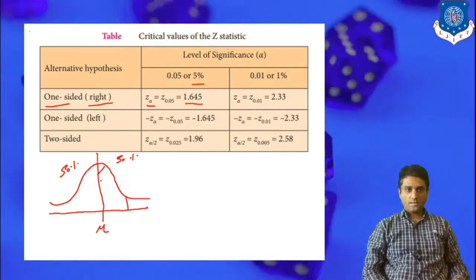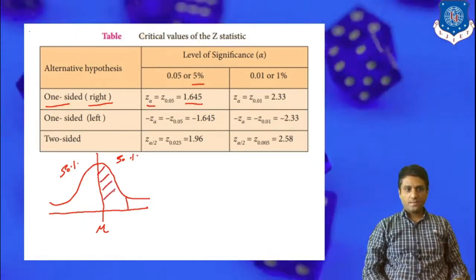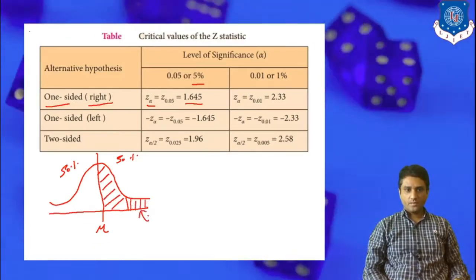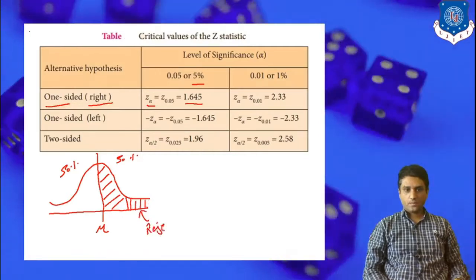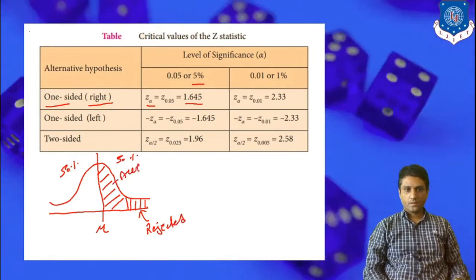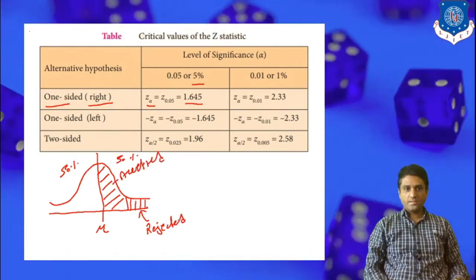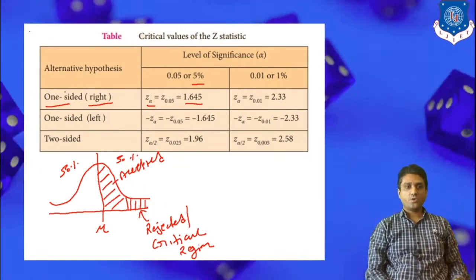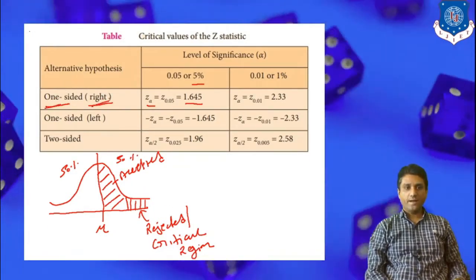Now these are known as the acceptance regions and these are known as rejection regions. Rejected. These are accepted. This rejected region is sometimes also known as the critical region. So these are just one-sided, right?